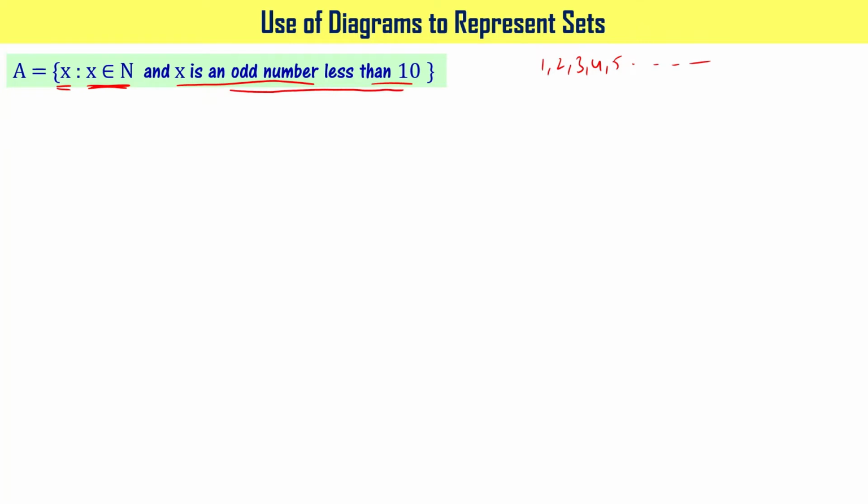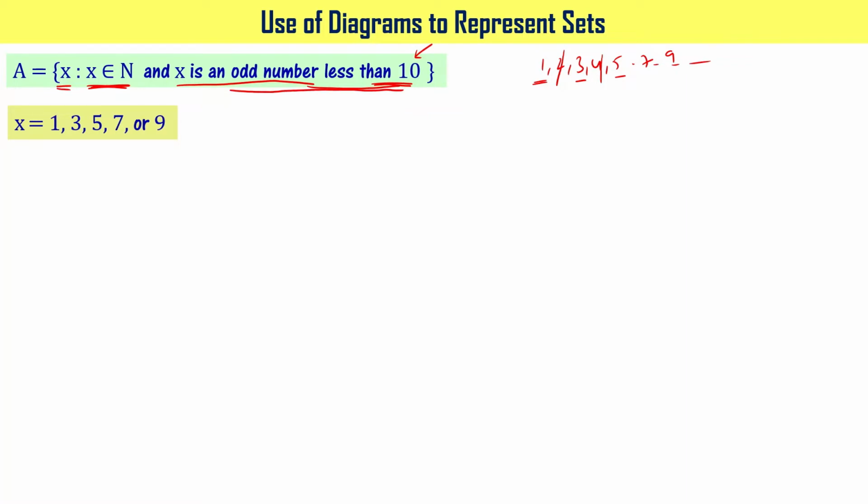So let's find what are the elements of this particular set. X can be 1 because that is an odd number. Then 2 is not there. 3 can be X. 4 is not there, 5 is there, and 6 is not there, then 7 is there, 9 is there. 10 cannot be there because it is an even number, that is one thing. And the second thing is, we don't want to have 10 or greater than 10, right? We want to have odd numbers less than 10, right?